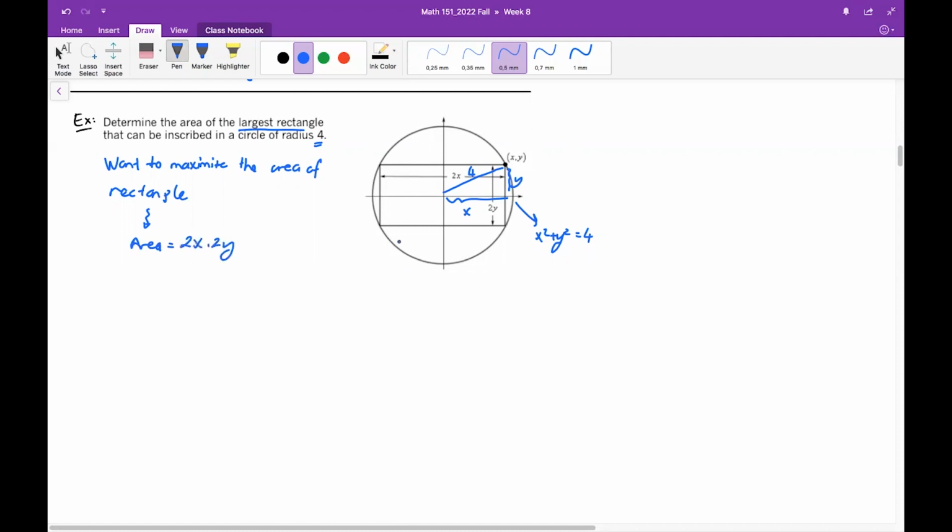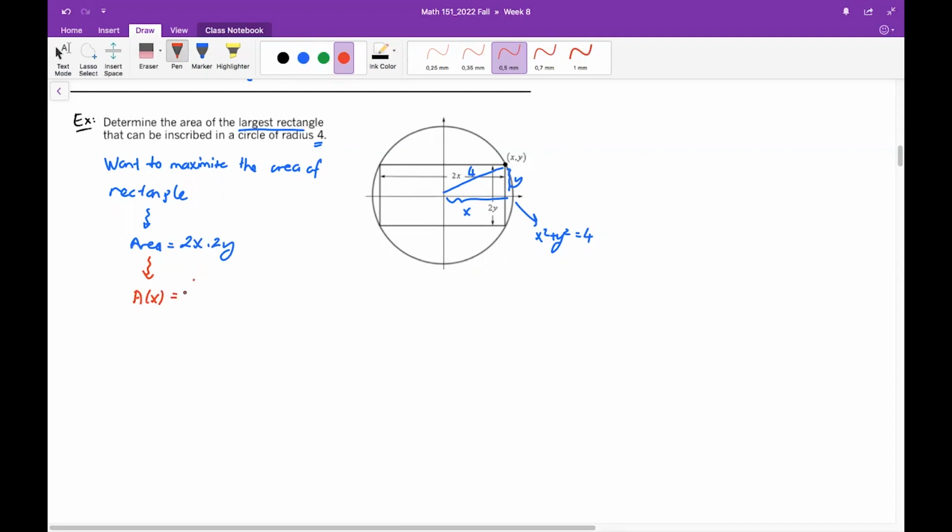But as you can see, it is a function of two variables now. What we need to do to be able to apply some calculus techniques on it, we have to eliminate one of the variables so that we end up with a single variable function. So let's try to write the area function in terms of just x.